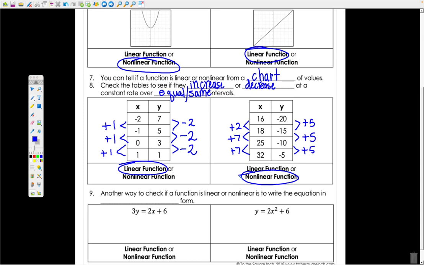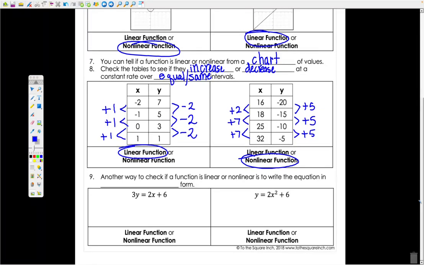Another way you could check to see if it's linear or nonlinear is to write an equation in slope-intercept form. Okay, now I'm going to ask you, what is slope-intercept? y equals mx plus b.